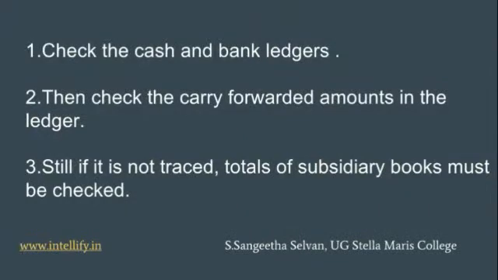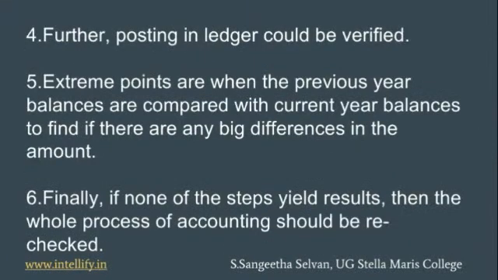Then, if they cannot find a mistake in those two ledgers, the amounts carried forward from one month to the next month, or from the previous year to the next year, are checked. Then, if the error is still not traced, the totals of the subsidiary books and cash books should be checked. After that, if the subsidiary books also do not reveal any errors, then the posting could be verified.